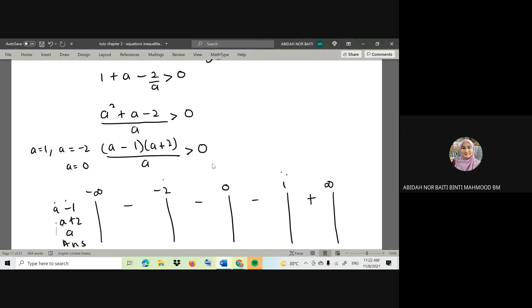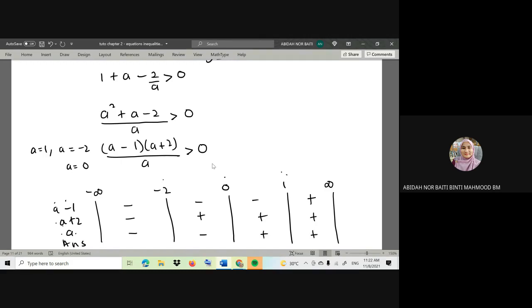So from this point to the right is positive, to the left is negative. Okay, so for the third function, a is 0. 0 to the right, we follow the sign of a, so a here is positive. So positive, positive. And to the left of 0 is negative.